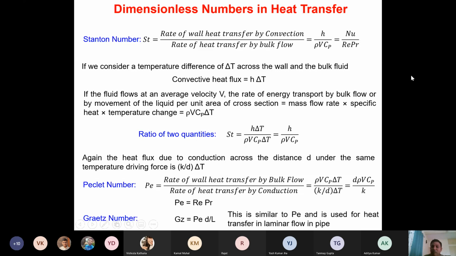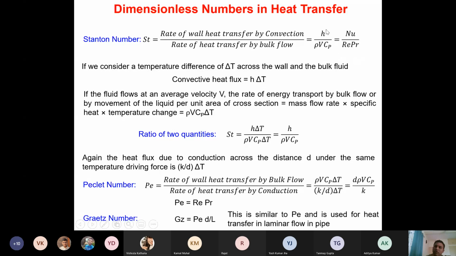So that is given as mass flow rate into specific heat into temperature change, that is rho V Cp delta T. Okay. So if we divide both these factors, what we get is h by rho V Cp. This delta T and this delta T get cancelled out. If we rearrange this equation, what we will get is Nusselt number divided by Reynolds number into Prandtl number.